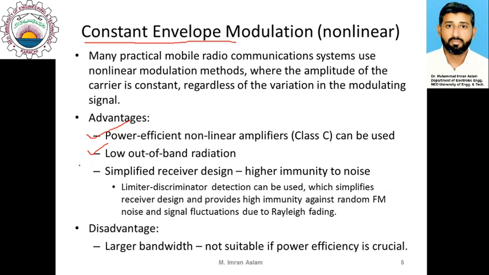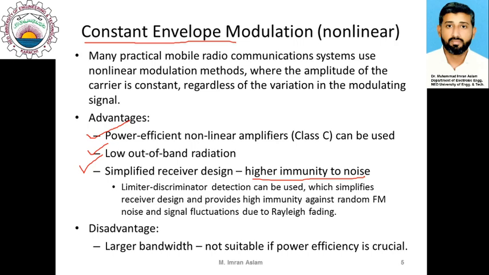These modulation schemes enable us to have relatively simpler receiver designs. In most cases, as the amplitude is constant, these schemes have higher immunity to noise, because noise causes variation in the amplitude, and for these types of schemes the information does not relate to the amplitude of the signal.